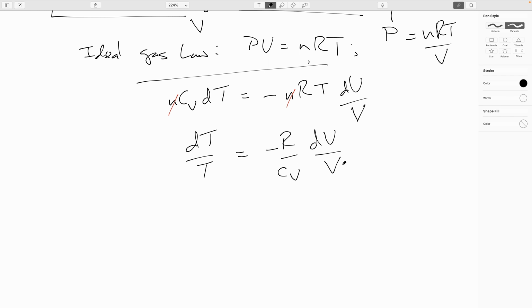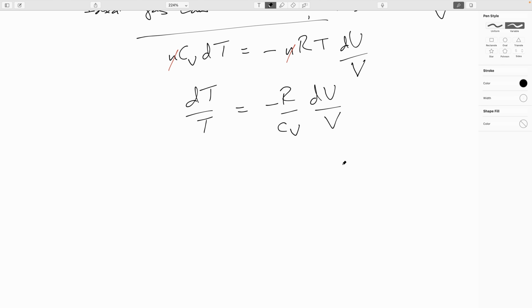All right. Now, these are capital C's because it's molar specific heat, so let me just make that a little more blatant there. What I'm going to do now, just looking ahead to what the answer is, is define gamma to be the ratio Cp to Cv.